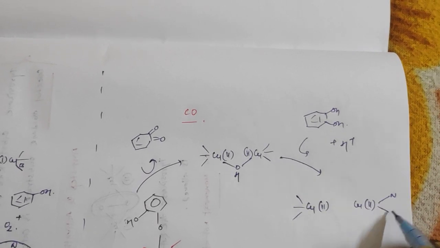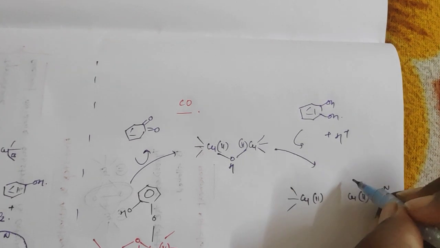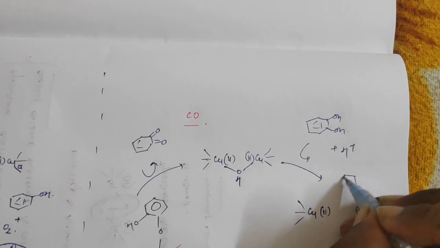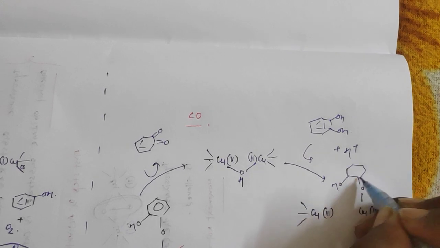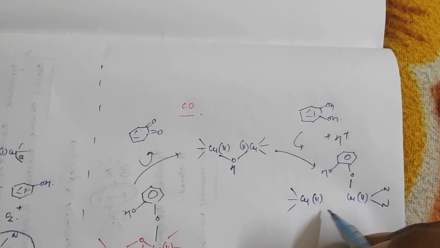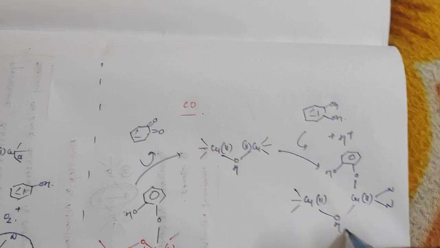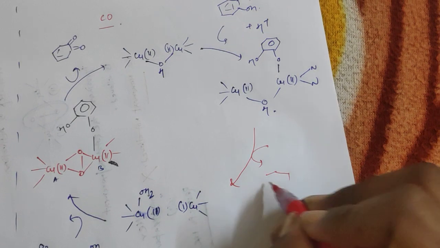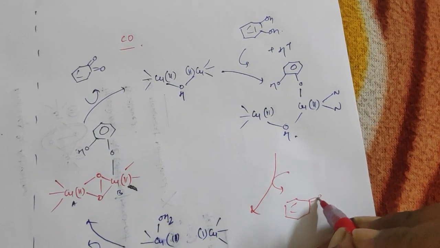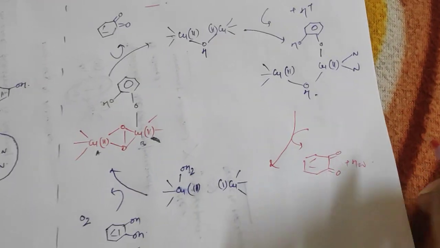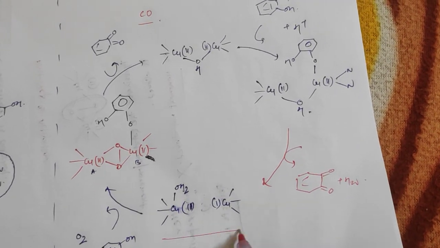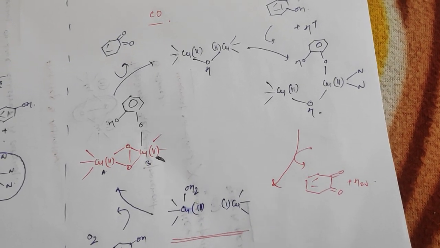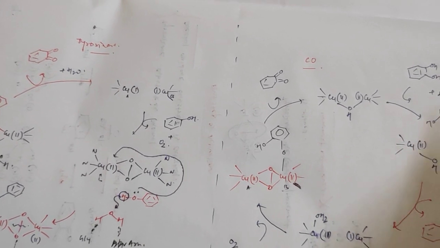Now these two are N-histidine, and like this it will get coordinated with that copper center and hydroxide group, and eventually it will get oxidized to the quinone form itself and water molecule to get back our deoxy form. This is the deoxy form. So this is the basic difference between the tyrosinase activity and the catechol oxidase activity.